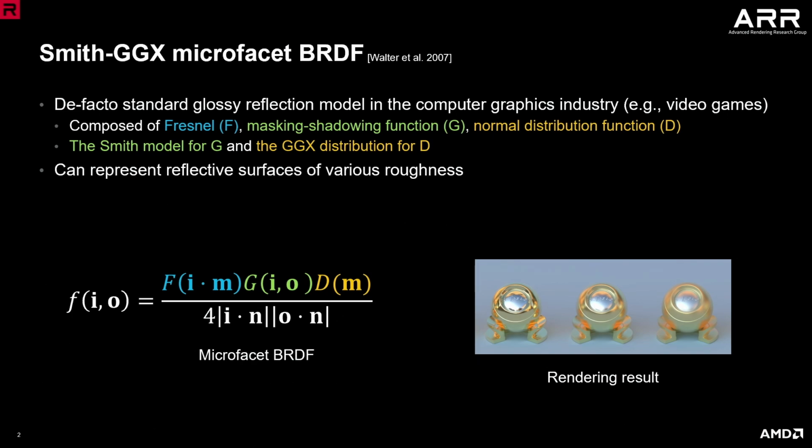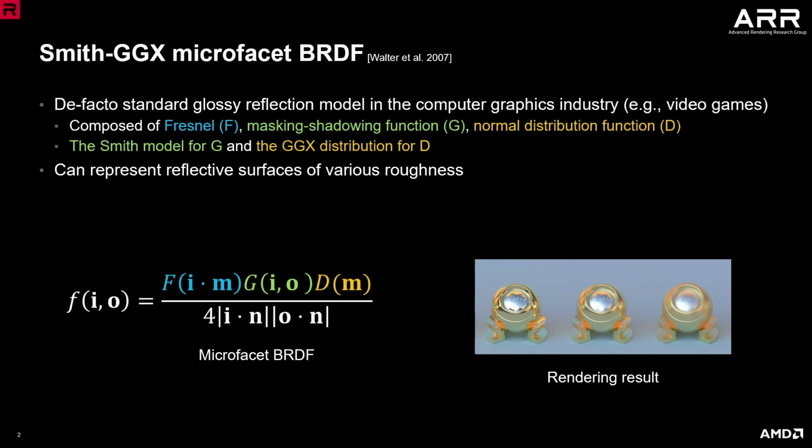Before going into the details, let me introduce the background first. In the computer graphics industry, such as video games, the Smith GGX microfacet BRDF model is widely used to represent glossy materials. A microfacet BRDF is composed of the Fresnel function F, the masking shadowing function G, and the normal distribution function D. In the Smith GGX microfacet BRDF, we use the Smith model for G and the GGX normal distribution function for the D term.